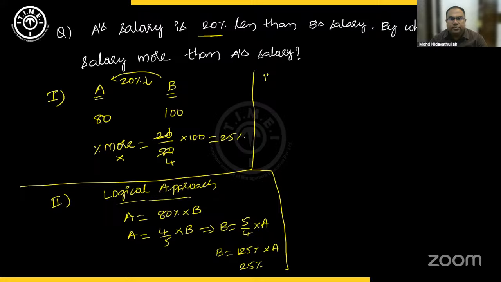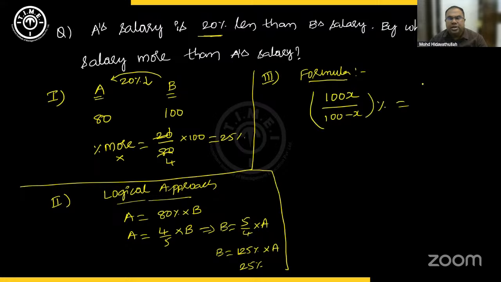Third approach. There is a standard formula which you can use. That formula says if A is X% less than B, B will be 100x by (100 minus x) percent more than A. So 20% less: 100 minus 20 is 80, 25%. I'll write here.